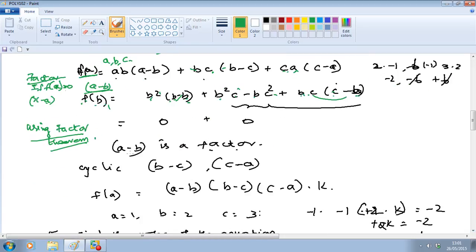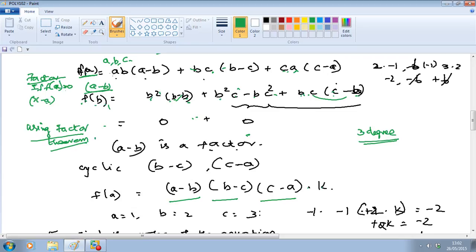So the original f of x is equal to, see, a minus b is a factor, b minus c is a factor, c minus a is a factor. It is multiplied by some constant. Why? Now this is a 3-degree equation.